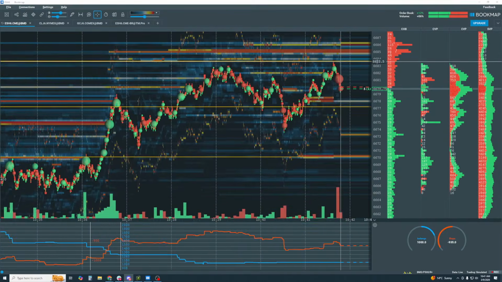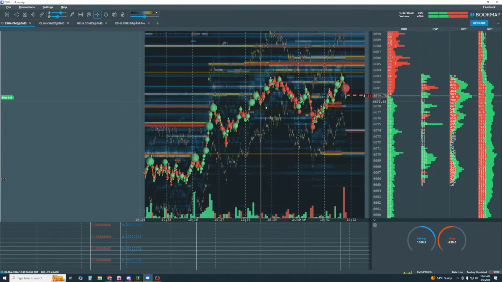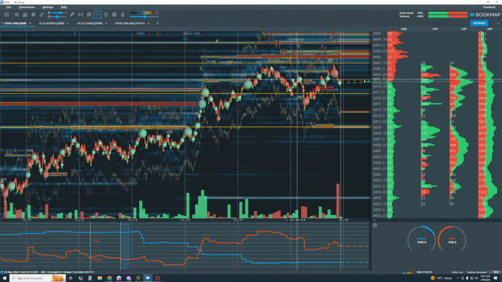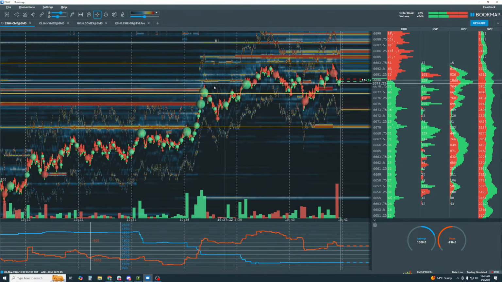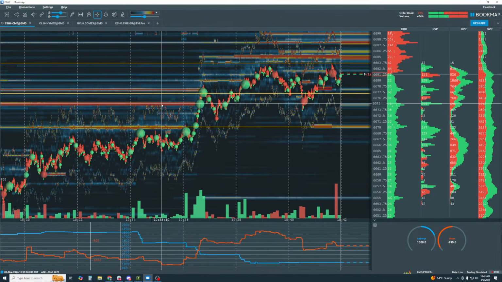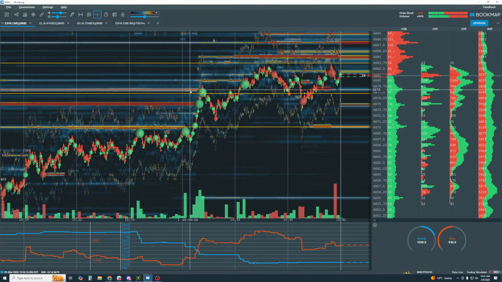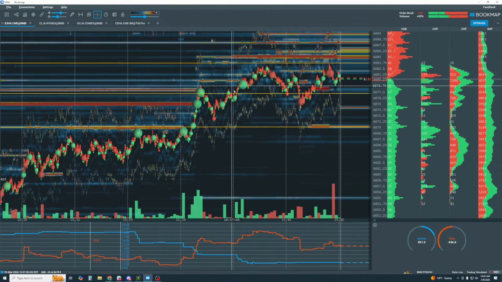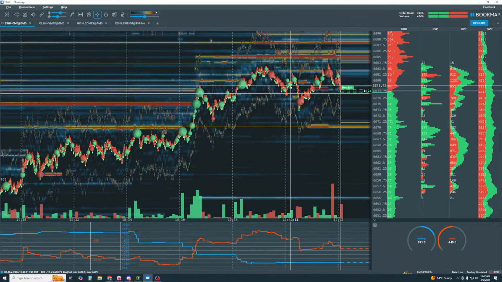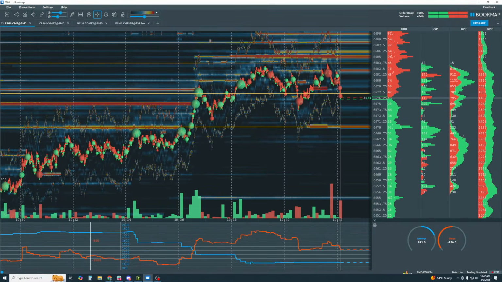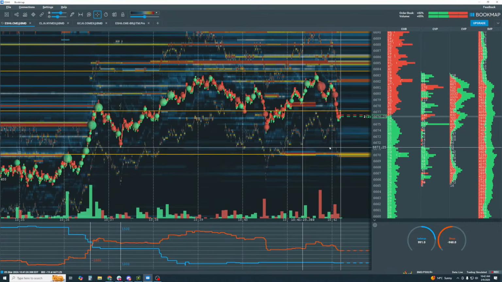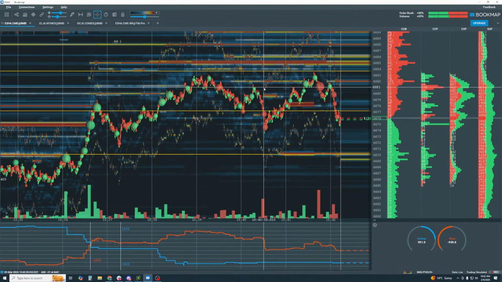Understanding this context in here, that if we're going to see a lot of sellers absorb a lot of that buying pressure, we should see some pullbacks, and then we want to see what happens after. So this has turned into back and forth right now, as you can see.